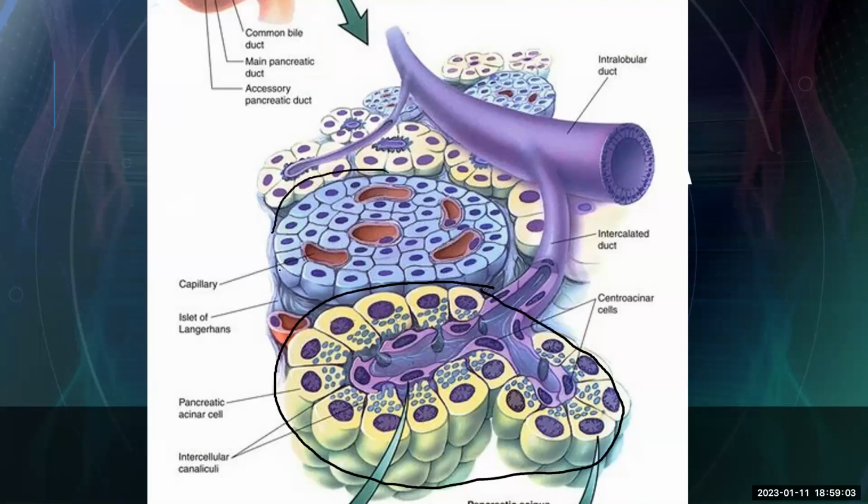We can find this structure together with a small blood vessel called a capillary. So this represents the endocrine part. The islet of Langerhans represents the endocrine part of the pancreas. Lobules represent the exocrine function, that is enzymes, and this one is glucagon and insulin hormone.